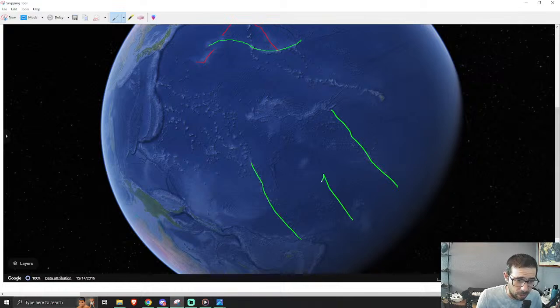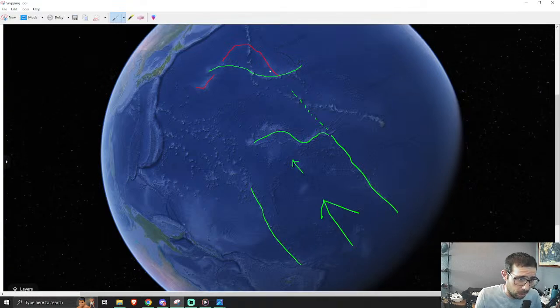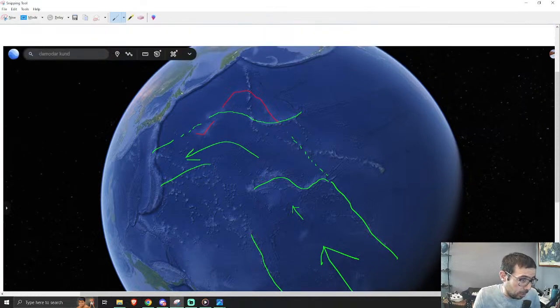Is that current flowing this way, running into here, but generally flowing this way, and pushing boundaries over here, and then going generally this way, like deflecting.